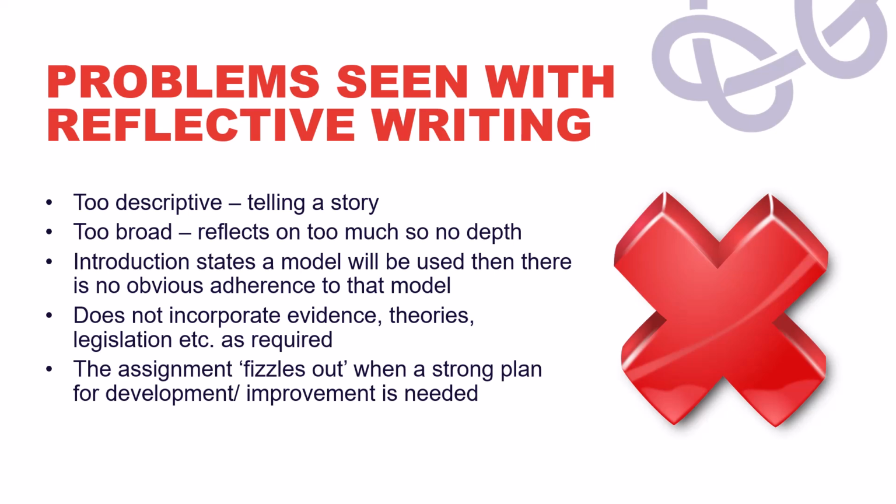Make sure that those things have strength in relation to the analysis that you've carried out. And finally, a bit of a big one, it doesn't adhere to the module learning outcomes. Your lecturers will have asked you to do this reflection in order to meet the module learning outcomes. So keep them next to you when you're writing, so you can keep checking that you're following those.